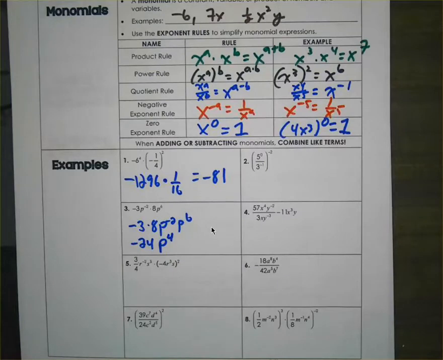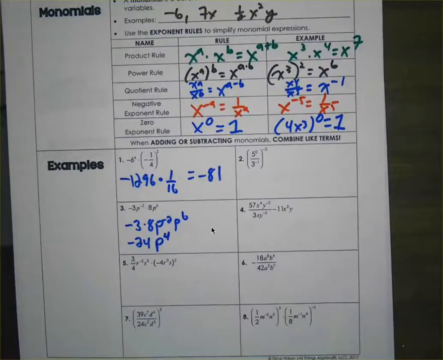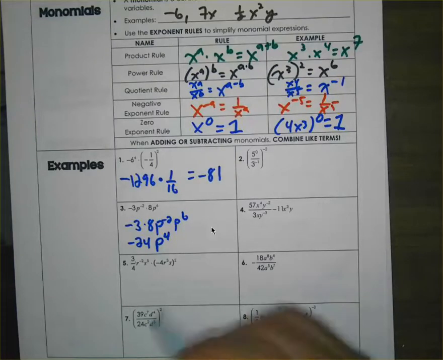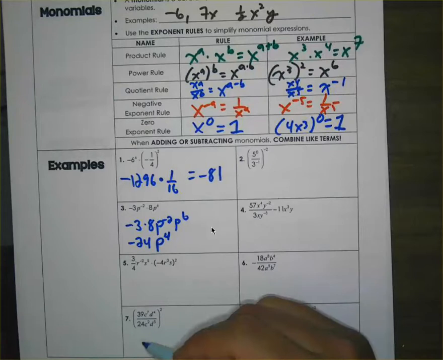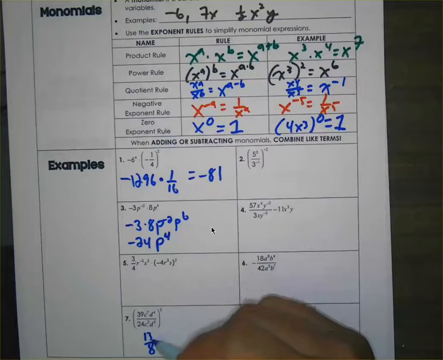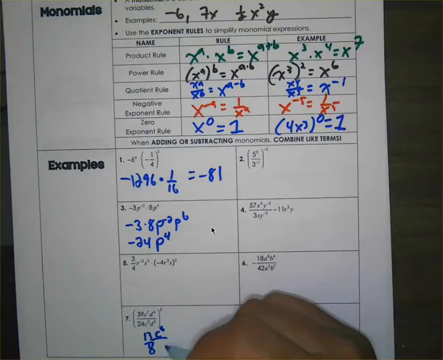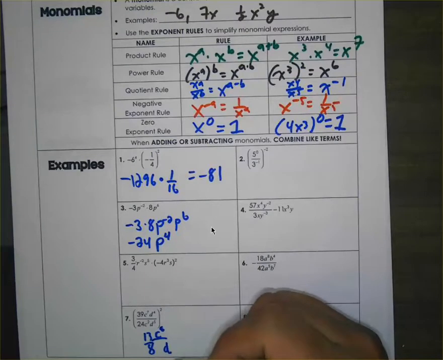Looking at number 7, you're going to take everything and square it. The first thing I'm going to do is say 39 over 24, which reduces to 13 over 8. Then c to the 7th over c squared gives me c to the 5th upstairs, and d to the 4 over d to the 5th gives me d to the 1 downstairs.